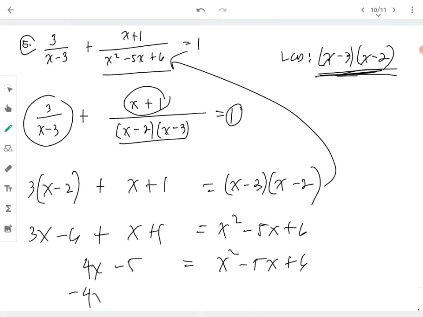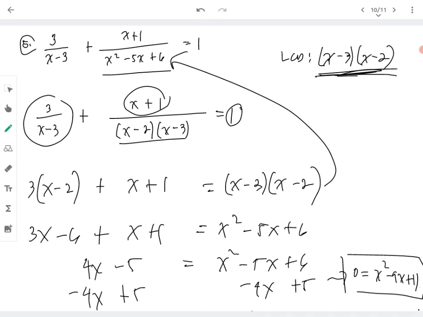Let's subtract 4x from both sides. Let's add 5 on both sides. Okay, so we are left with 0 equals x squared minus 9x plus 11. This is the time that we solve it using any method. So I will not continue anymore. Since we already arrived at x squared minus 9x plus 11, you can continue it using whatever method you like. So that's all.